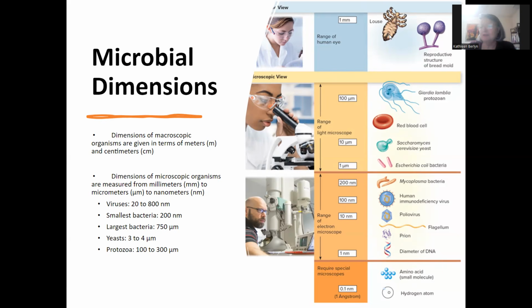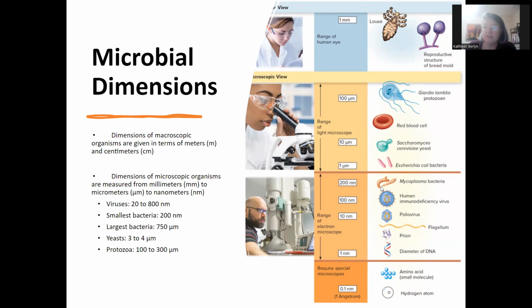And even then, we really don't see these very often if we're not looking carefully for them. As we look at light microscopes, things like protozoa are fairly large. Red blood cells are also fairly large, and then you have yeast, and then bacteria about tenfold smaller than a typical yeast cell.